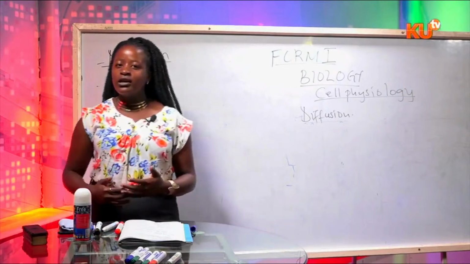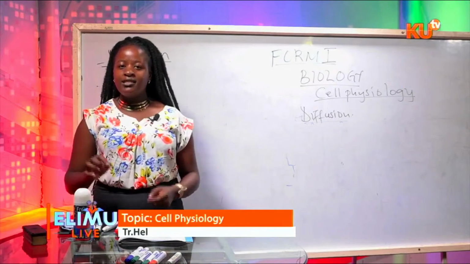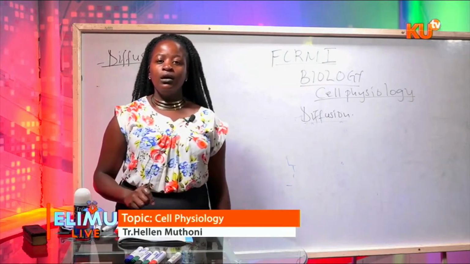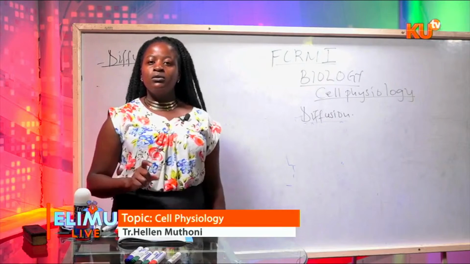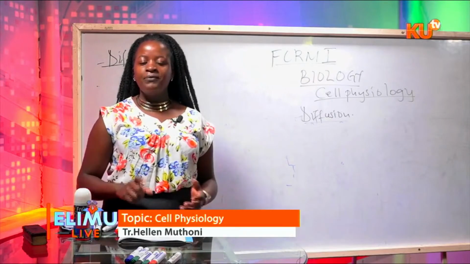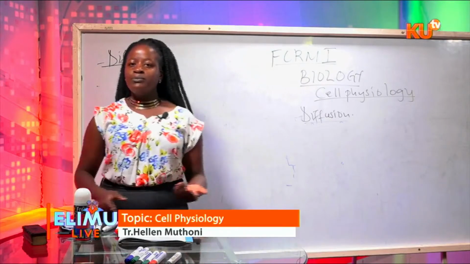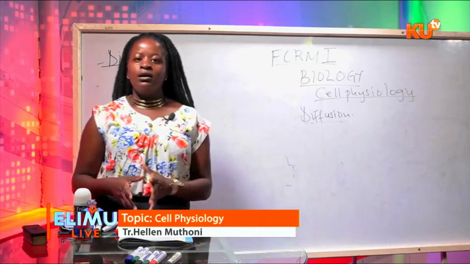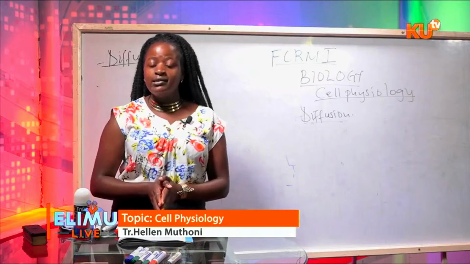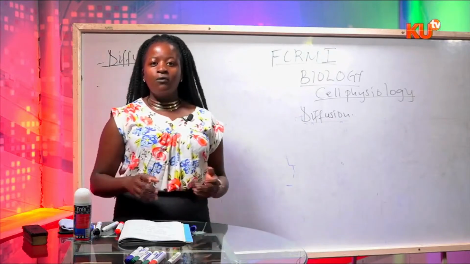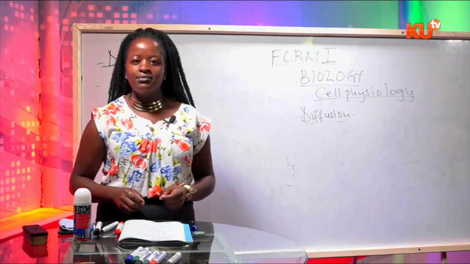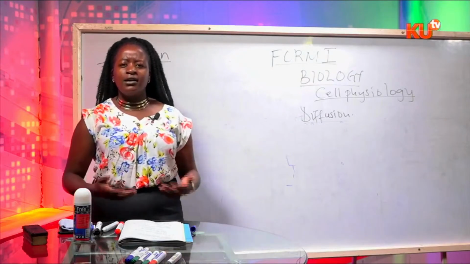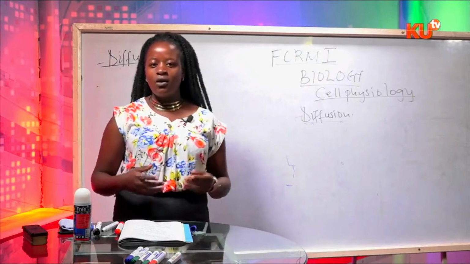We are also going to look at experiments that are used to demonstrate diffusion, and factors affecting diffusion. What makes diffusion high? What makes diffusion low? Last but not least, we're going to look at the role of diffusion in living organisms. What is the function of diffusion? What does it serve in the bodies of living organisms?